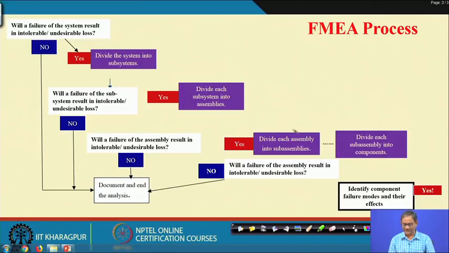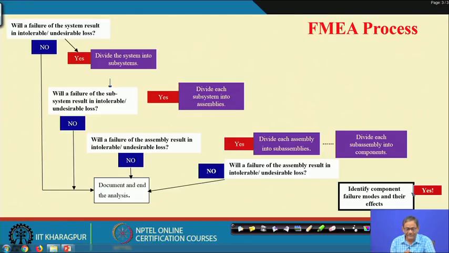If yes, divide each assembly into sub assemblies. Again, if a sub assembly does not result in any significant loss, stop, and in this process you proceed, and finally divide each sub assembly into components and sub components. Those are the components you select, and then further breaking down to parts is also required.